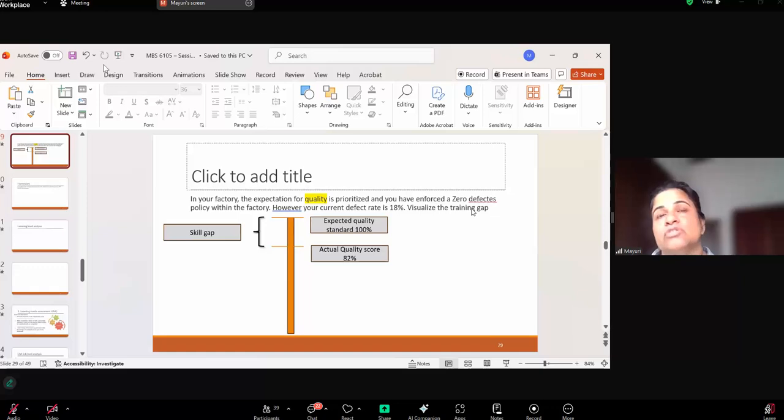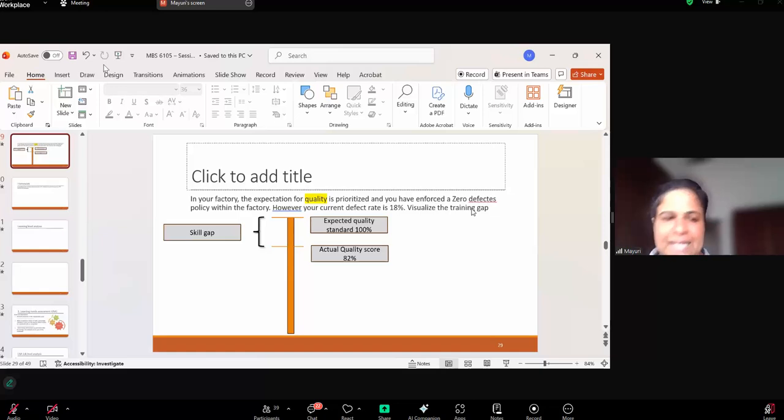Sometimes it may be partly due to learning or training, not entirely, but partly. Then we also go with learning design. If it is partly or fully contributing, we go with the learning design. If it is not, we stop our process there.